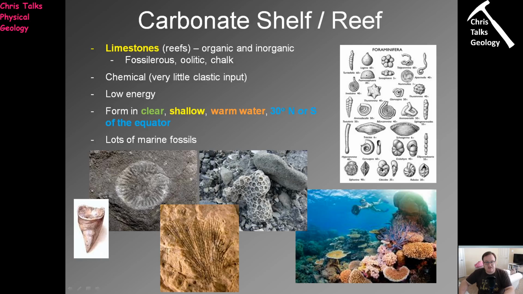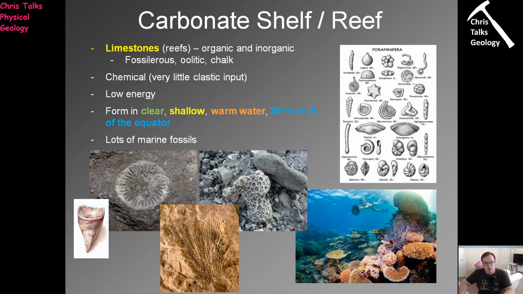Now, the reef itself will be quite high energy, but the area that's protected behind the reef will often be quite low energy. The build-up of carbonates is quite nice because carbonates will tend to form under very limited conditions. So this means that when we find a carbonate, we can typically say, right, this rock must have formed under the following conditions.